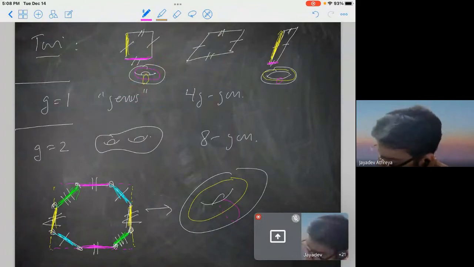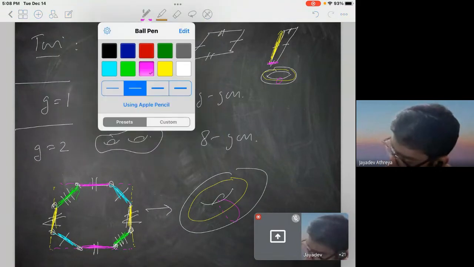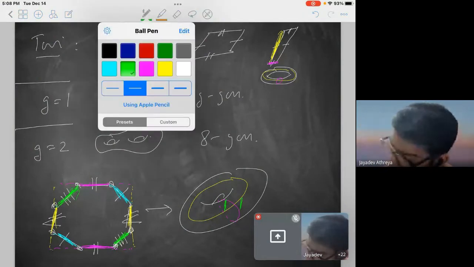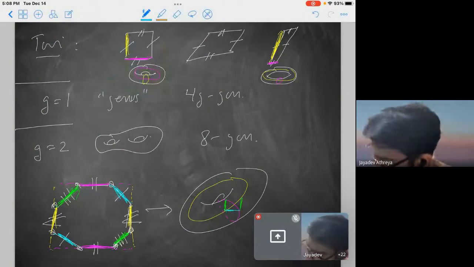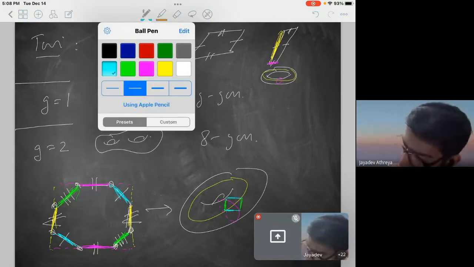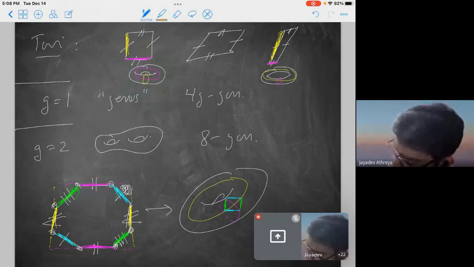Except where they meet, around where they meet, we have this little green and blue, which is not really part of our surface, right? So maybe I should shade this in white. This is not part of our surface because we only want to consider the octagon.